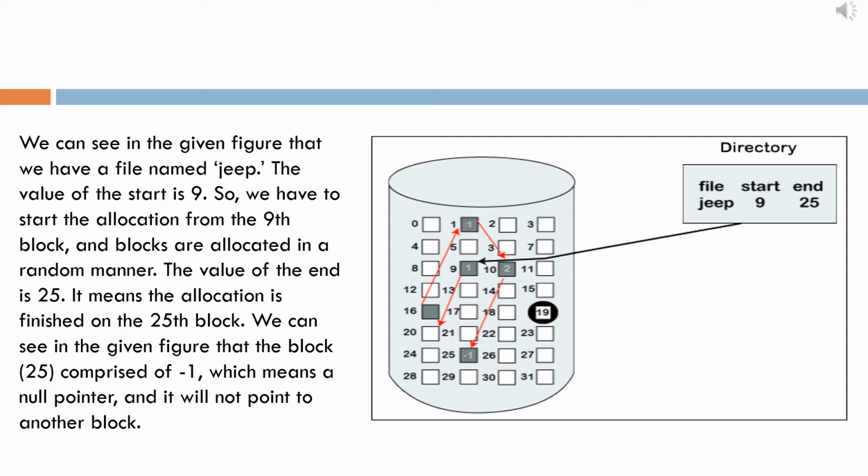The value of the end is 25. It means the allocation is finished on the 25th block. We can see in the figure that block 25 comprises -1, which means a null pointer, and it will not point to another block.